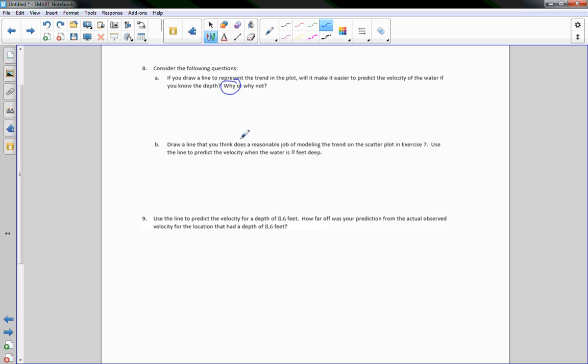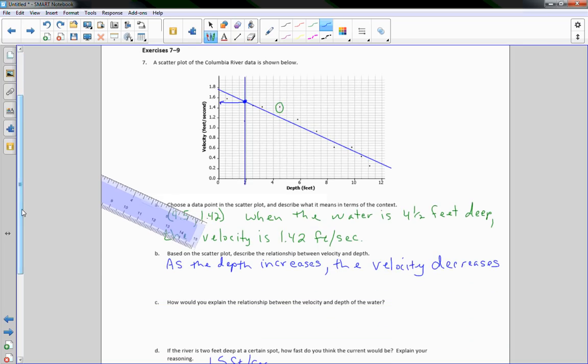Now B says, draw a line that you think does a reasonable job to model the trend of the scatter plot in exercise 7 and use that line to predict the velocity when the water is 8 feet deep. Well, I've already drawn the line, so let me just get rid of this line here. And for 8 feet deep, I've just got to move this line over here to 8 and see where it crosses.